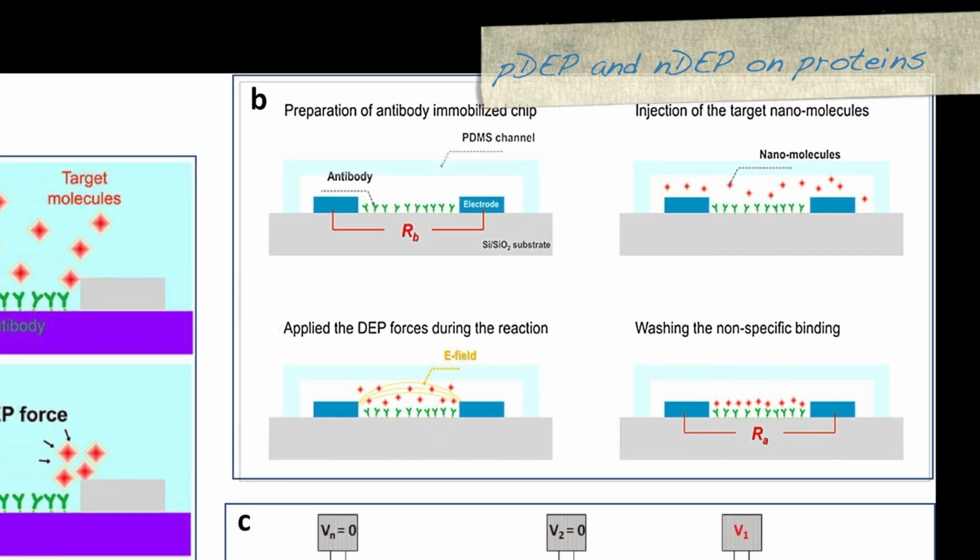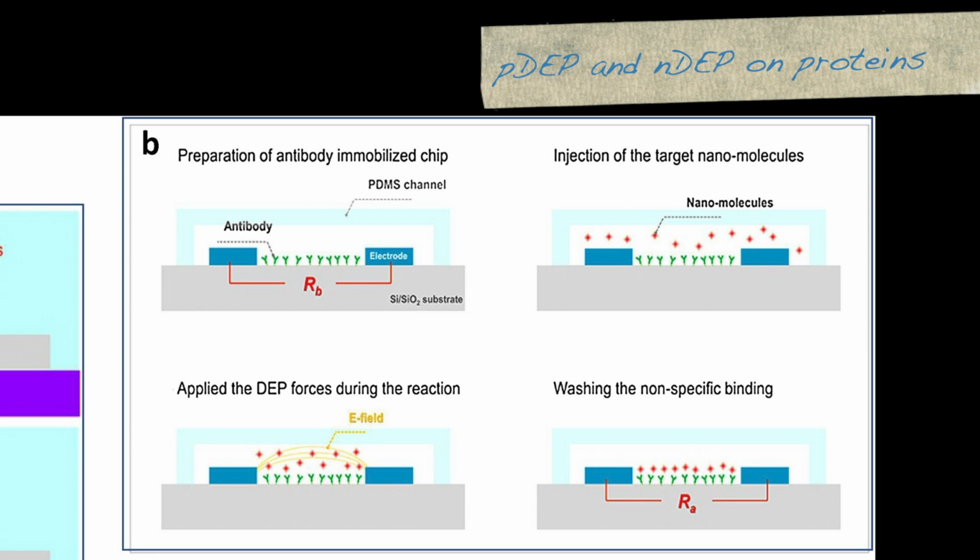So in figure B, it shows the schematic of the dielectrophoresis concentrated nanomolecules. The resistance difference measured before and after binding occurrence is used for sensing calculations.